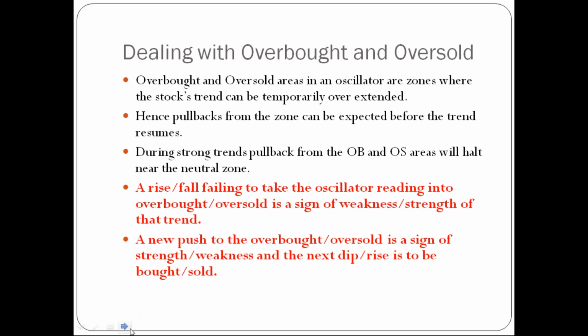When RSI is moving through the overbought zone, that means the RSI has risen 9 days out of 14 days. So we are buying the strength, right?